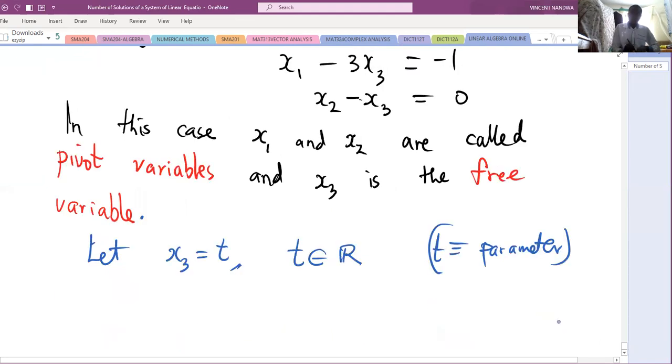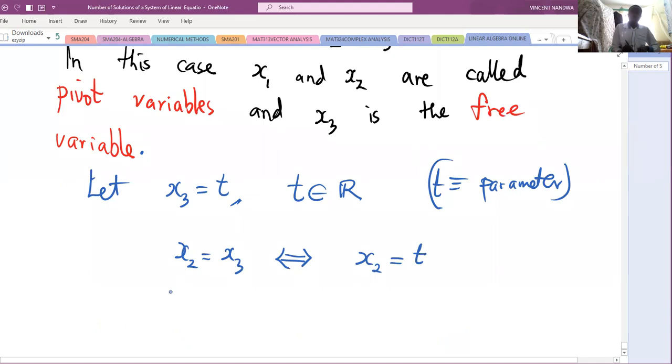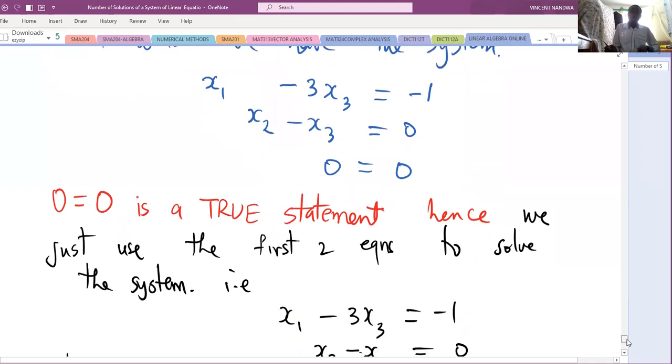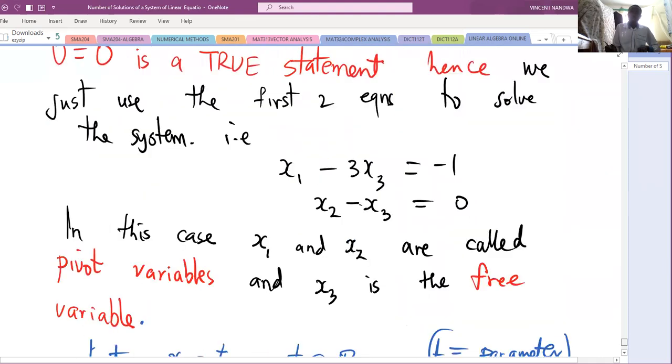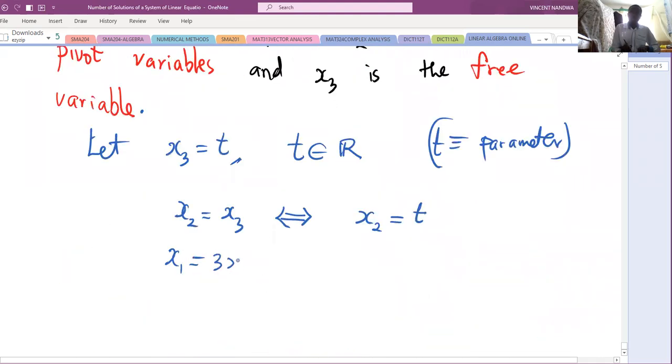So from the second equation, x2 equals x3, and because we are saying x3 is t, then x2 is also t. Now from equation 1, x1 equals 3x3 minus 1, which means x1 will be 3t minus 1.